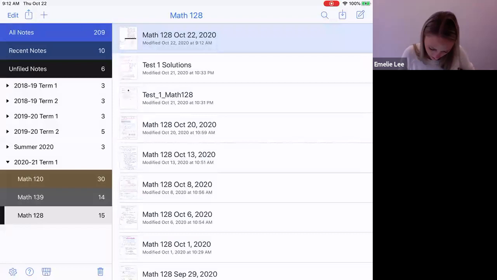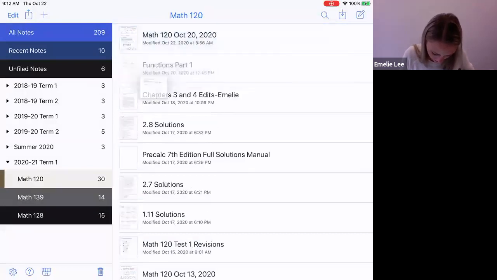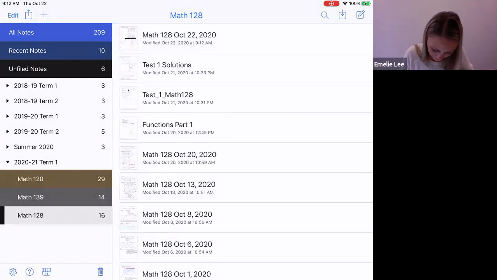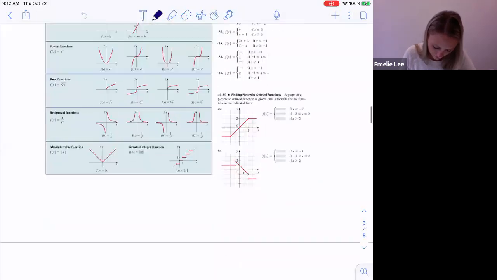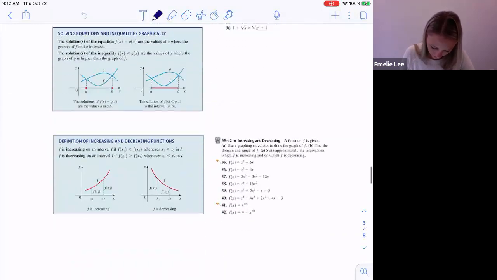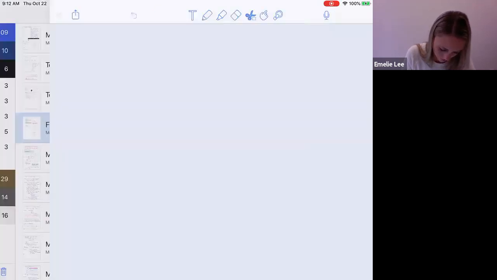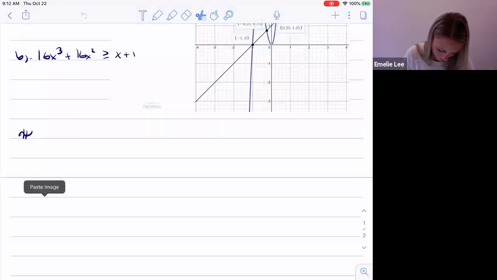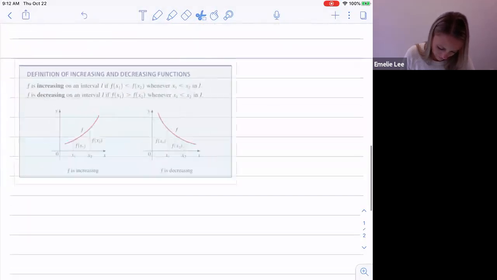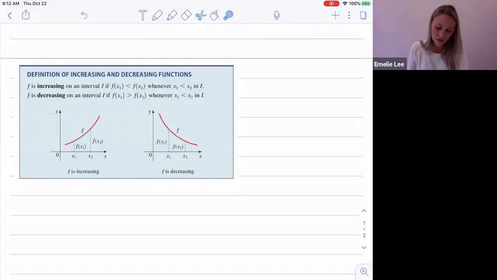So let me see, gotta grab these notes here. By definition, f is increasing on an interval I, any interval I, if the output at x1 is less than the output at x2, whenever x1 is less than x2.